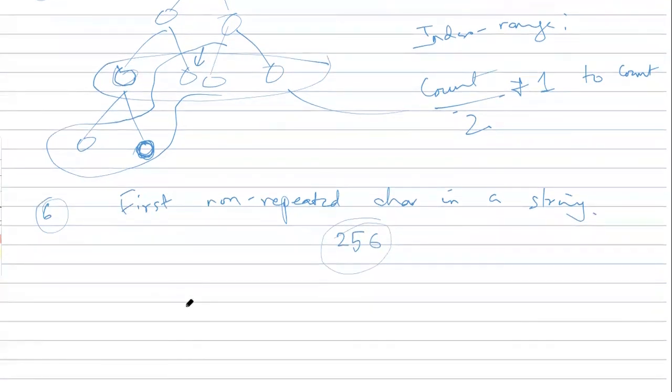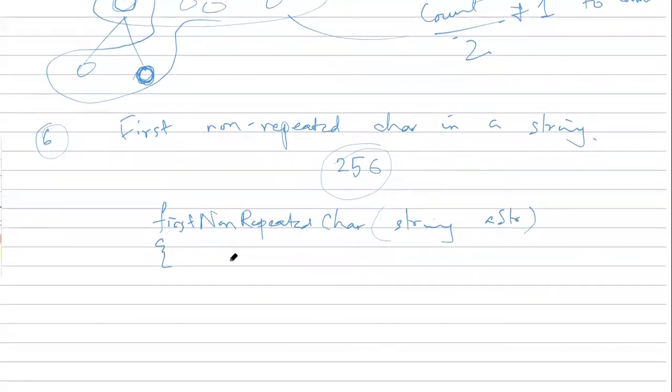Which is a very simple application of hashing, very similar to the counting sort. So if you have to find the first non-repeated character out of some string, you can maintain essentially a count of 256, right? Where you can pretty much index because of the ASCII character set.